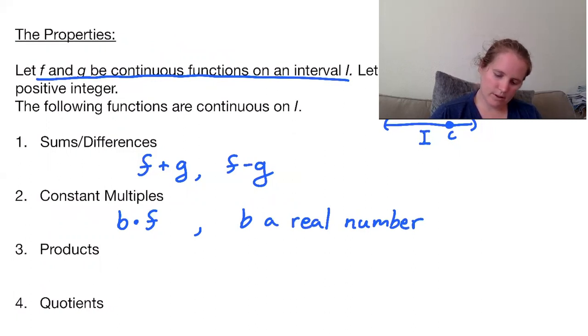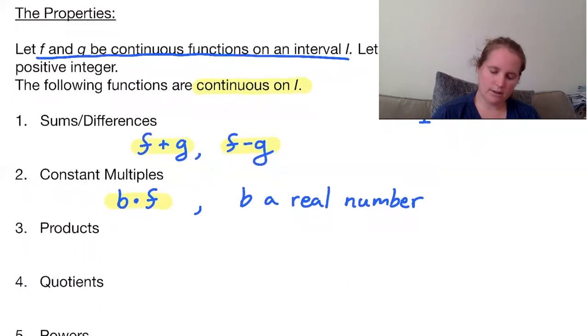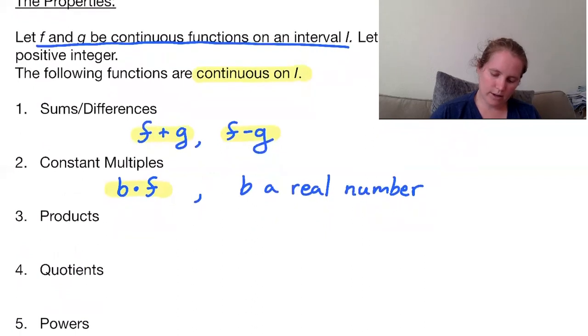So f plus g and f minus g are both continuous on I. b times f is continuous on I. Products, we can go ahead and multiply the function f times the function g, and that will also be continuous on the interval I.